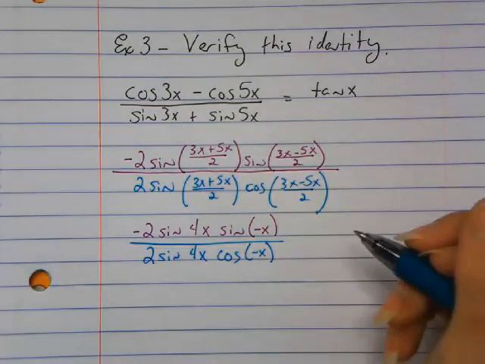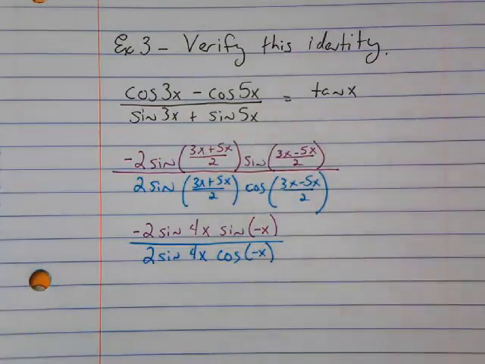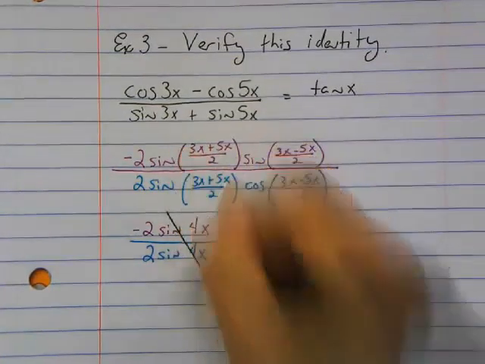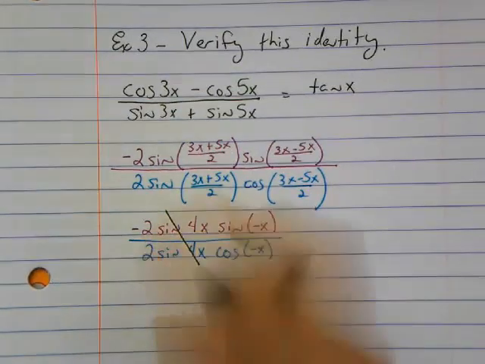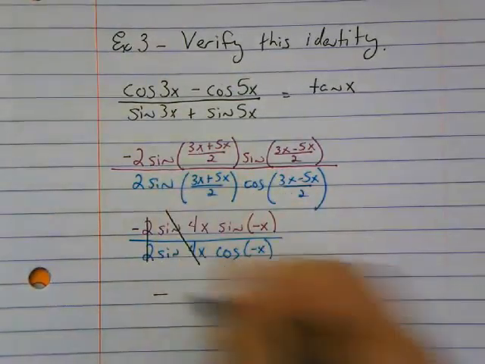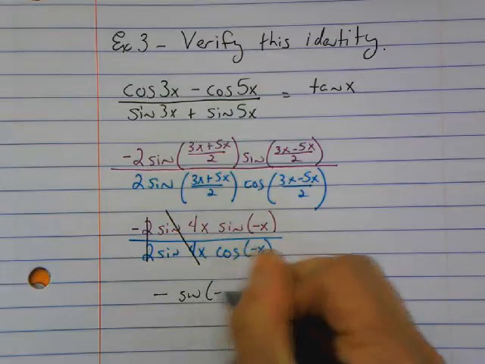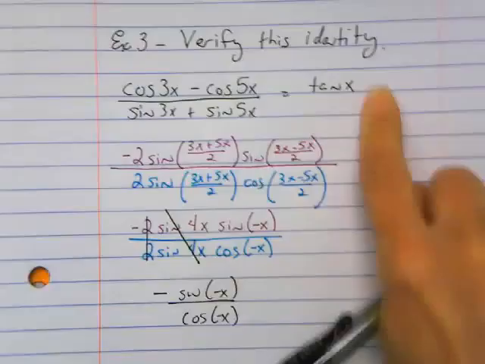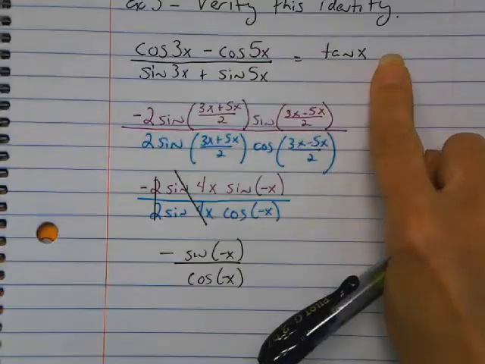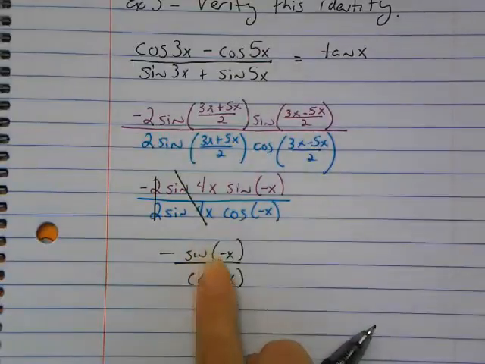Alright, so let's talk about what we can do. Do you agree that I can cross these out? Because it's multiplication, I can go ahead and do that. Do you also agree that this becomes just a negative sine of negative x over cosine negative x, which is still not tangent, so I'm not done yet. But I think I've seen this formula before.